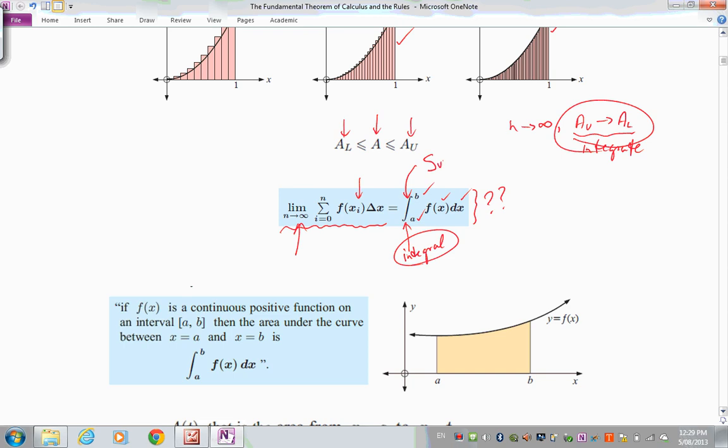For what? To remind us it's a sum of rectangles, upper and lower rectangles, taken in an infinite way to approach this area. So this is the actual area represented by this symbol from summing an infinite number of rectangles, making them become one, the upper and lower become one.